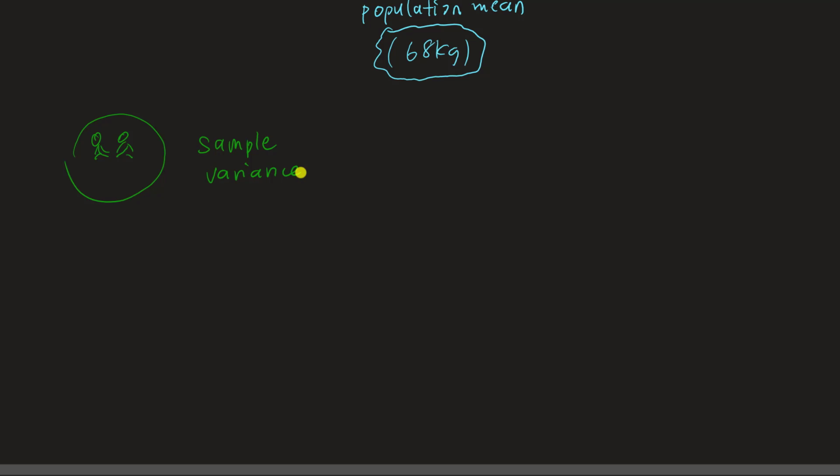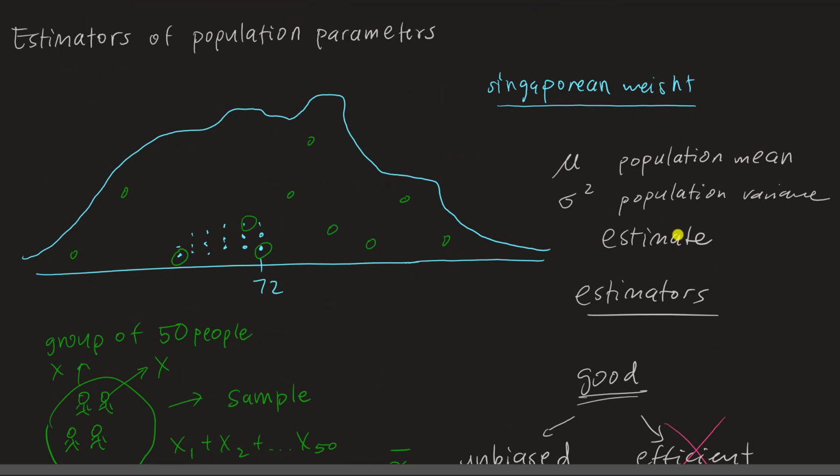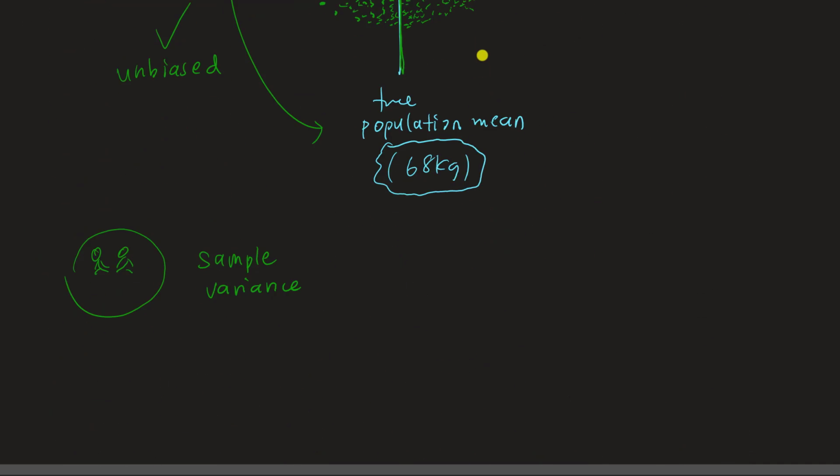We might think that, since we can use sample mean to estimate population mean and it is a good estimator because it's unbiased, are we able to do the same thing to estimate this particular parameter, known as population variance? Can we use sample variance to estimate population variance? Let's see what's going to happen.